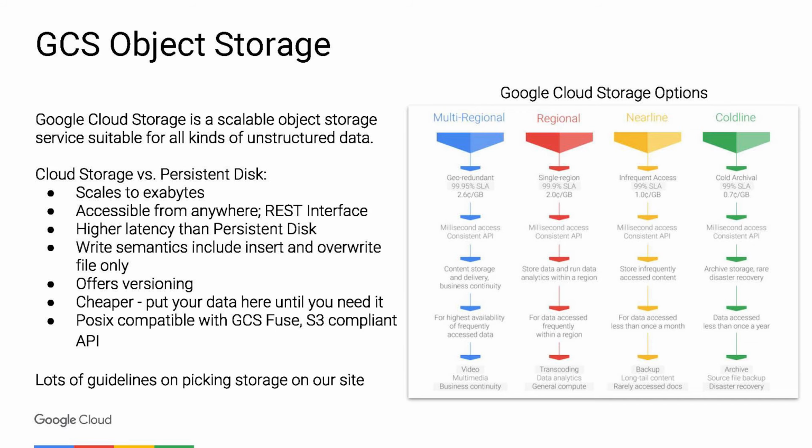Nearline is something that is immediately available but is still subject to long retention. And these are the more readily available solutions. We have something called GCS Fuse, which is a POSIX-compatible file system built on top of GCS. Mentioned here.